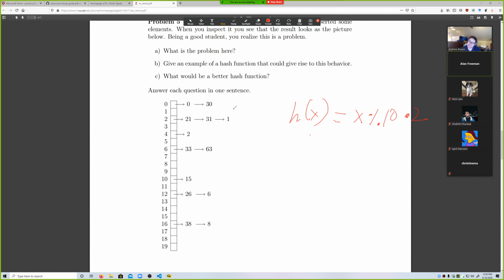So what is the problem though? Why is this a bad hash function? No matter how big the array is, you'll only ever get 10 cells being used. Well, we've got 20 cells, so let's assume that we're only going to use 20 cells. That's plenty for chaining. What's the issue with this hash function?